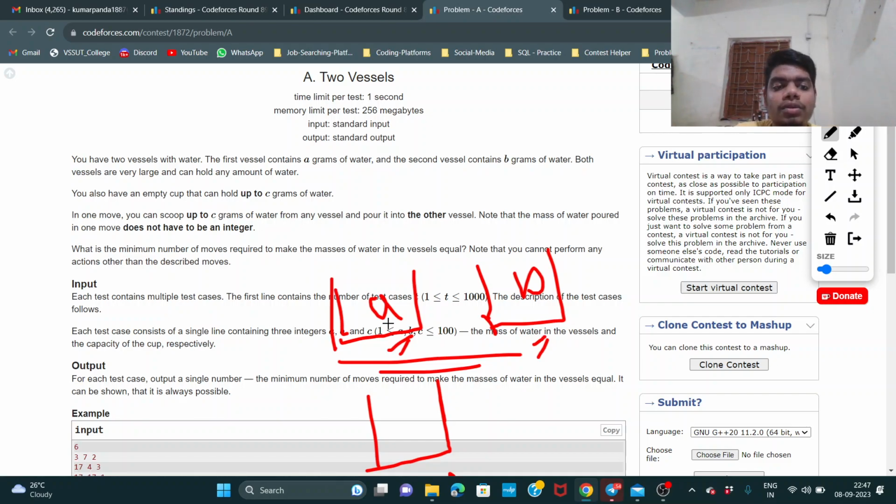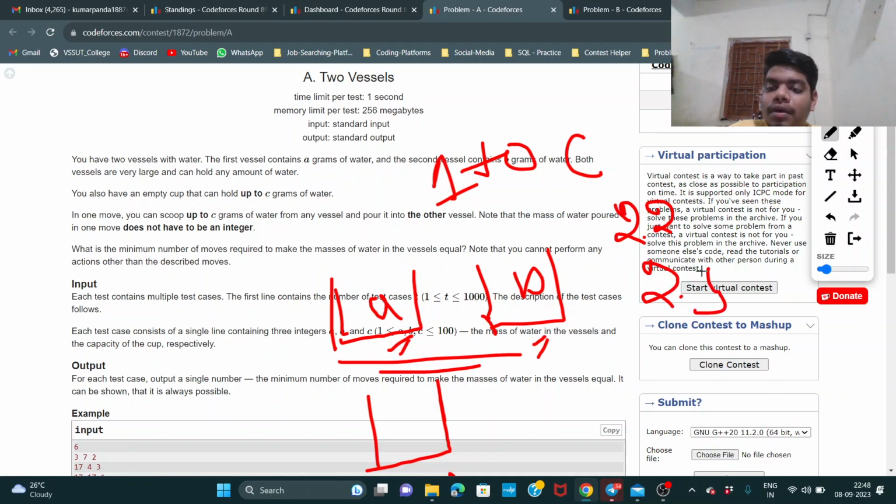In one move you can take at most c grams of water, anywhere from 1 to c. It is not mandatory that the number is an integer; it can be a float value, like 2.2 or 2.5.